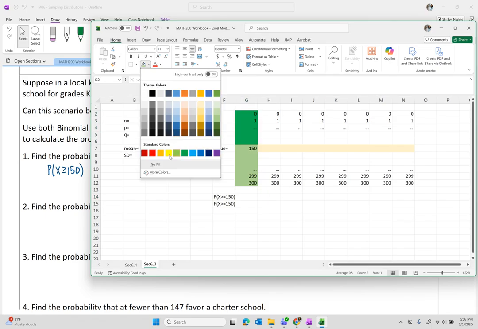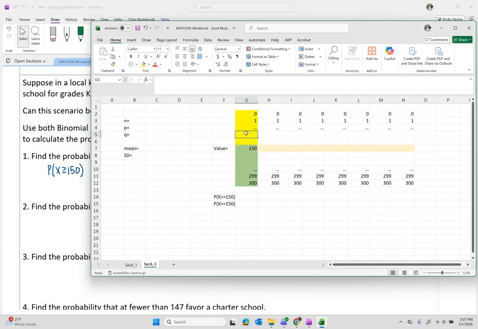And from 0 to the value below 150 equals 150 minus 1 for a discrete variable, which will be 149. So when I use binomial CDF in Excel, I will have to find the probability from 0 to 149 and then subtract that from 1 to find the probability from 150 to 300.